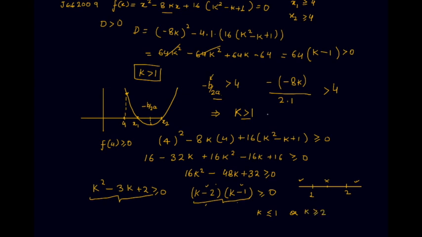Now since we already know that k is greater than 1, this condition will not hold true and this condition will hold true, and the smallest value of k for which all our conditions will be met is equals to 2.